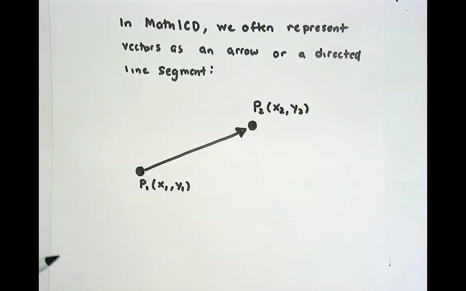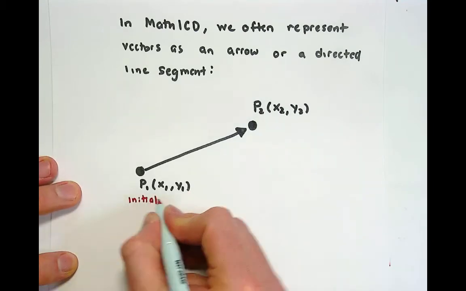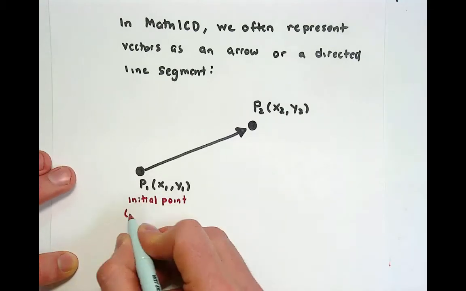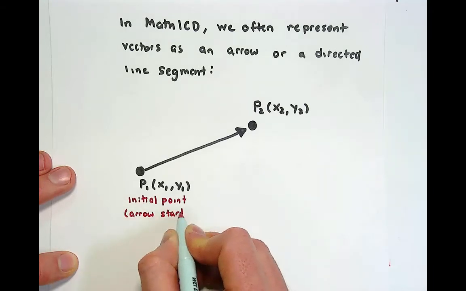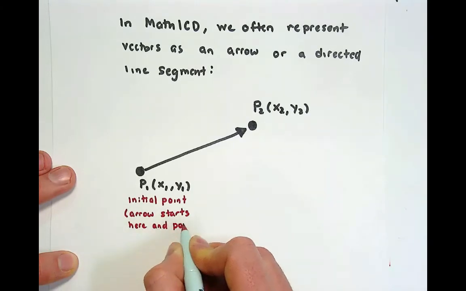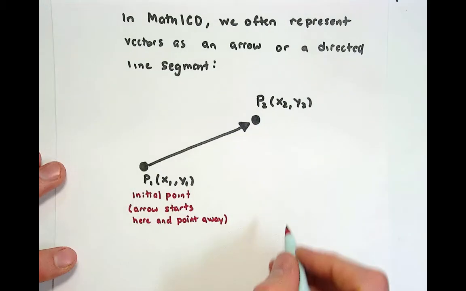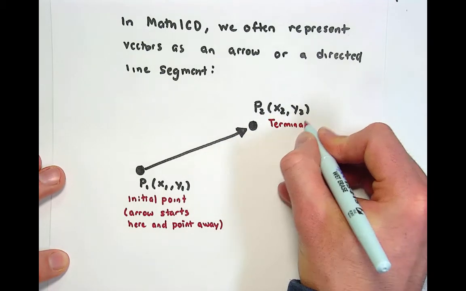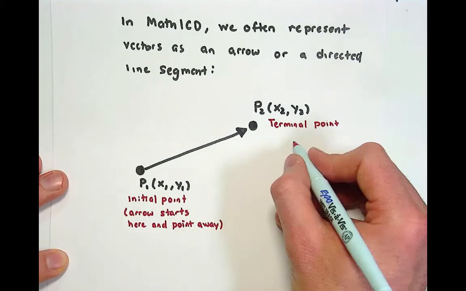So this is what we call the initial point. And you can tell it's the initial point because the arrow starts here and points away, or runs out of. This is what we call the terminal point, and the arrow points into this.